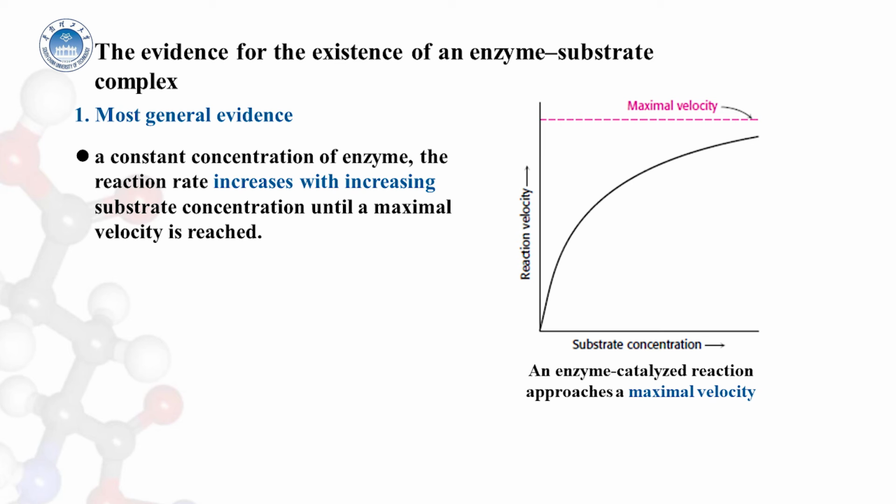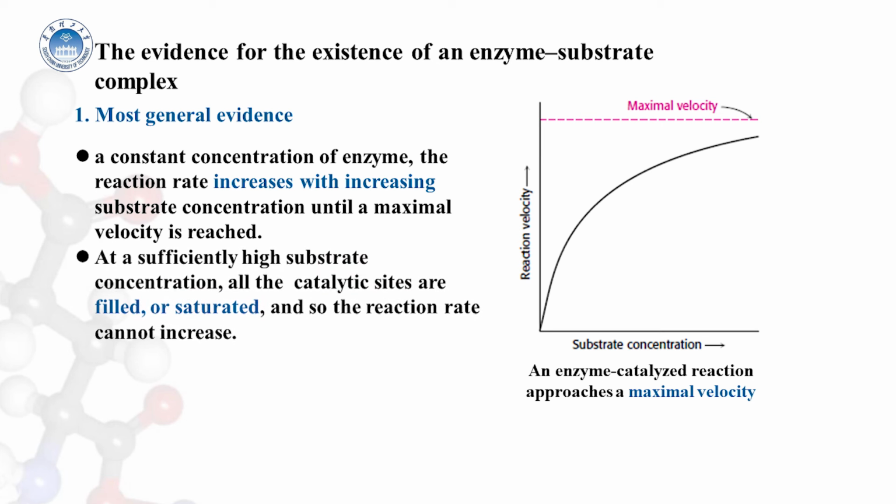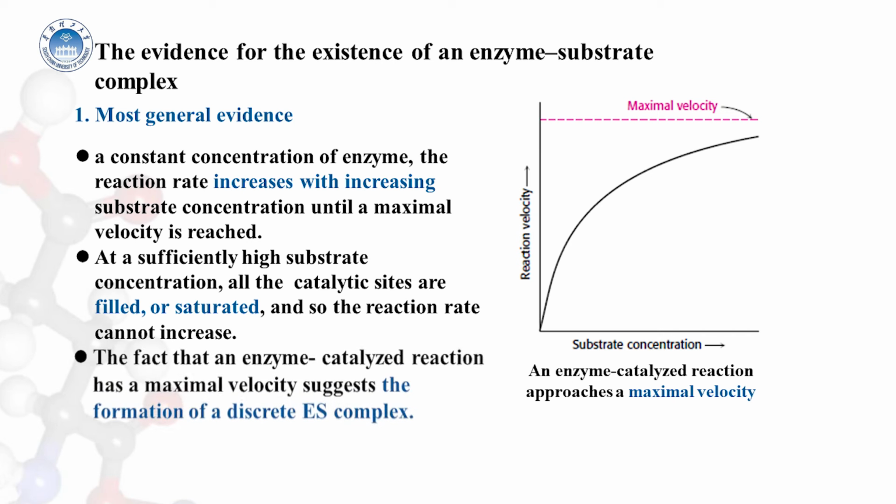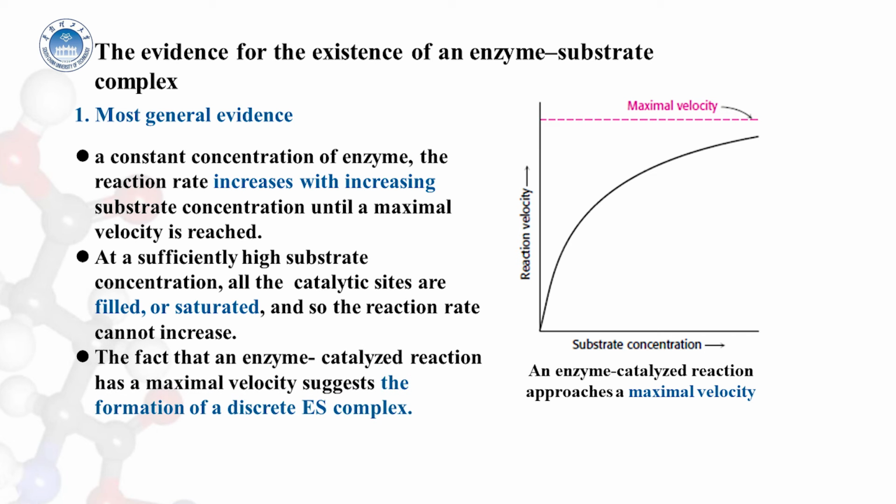We could find that at a sufficiently high substrate concentration, all the catalytic sites are filled, or we call it saturated, and so the reaction rate cannot increase. The fact that an enzyme catalyzed reaction has a maximum velocity suggests the formation of a discrete ES complex.